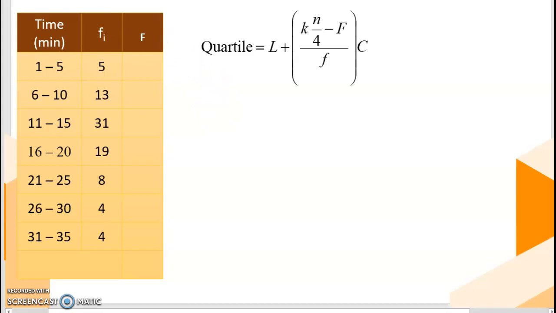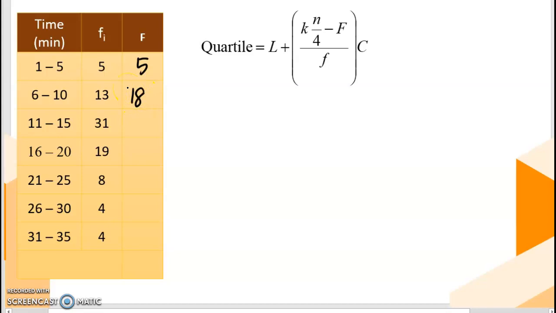We're going to find the cumulative frequency for the data. For the first class, the cumulative frequency will be 5. Second class will be 5 plus 13, which is 18.